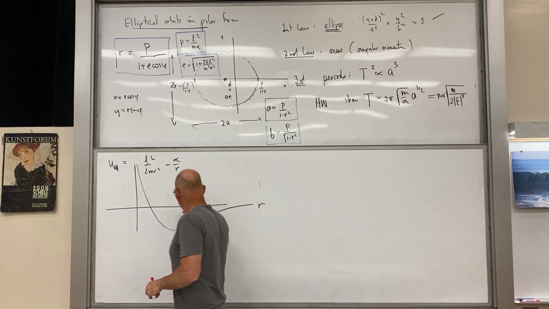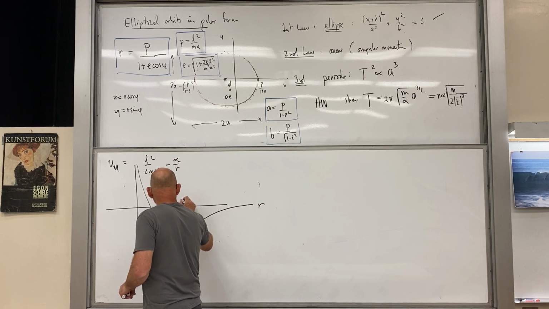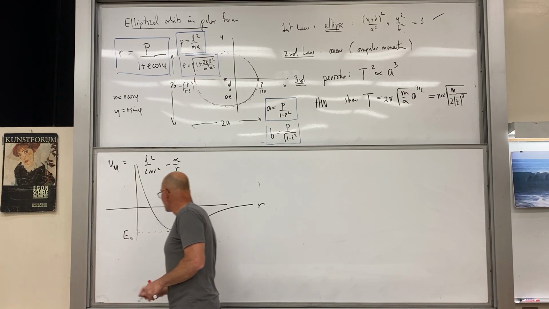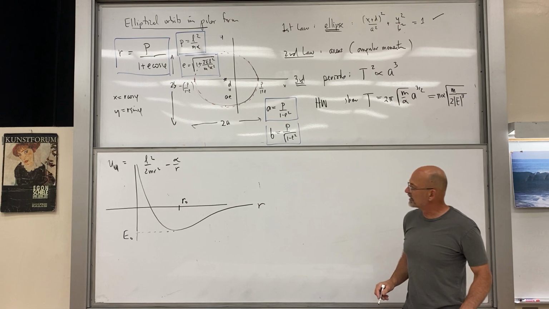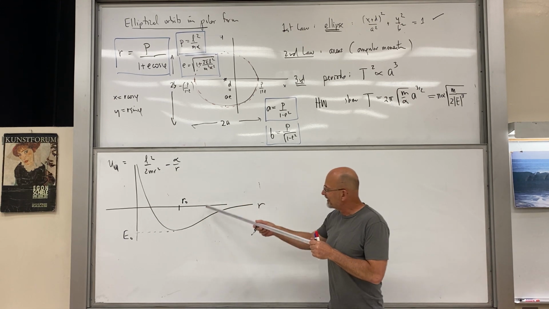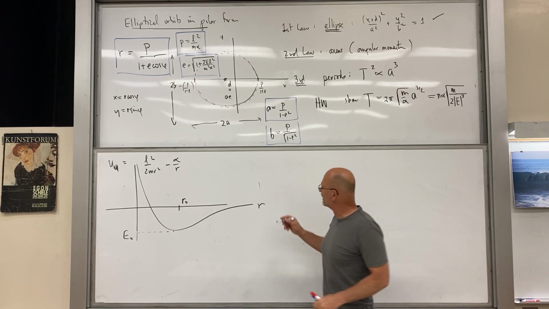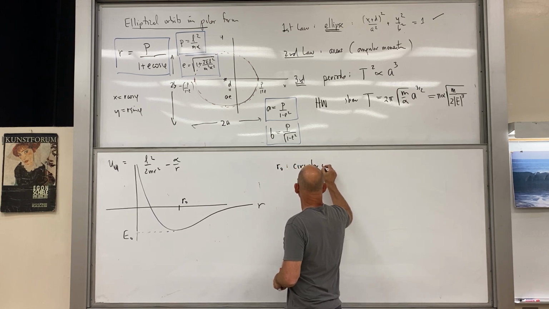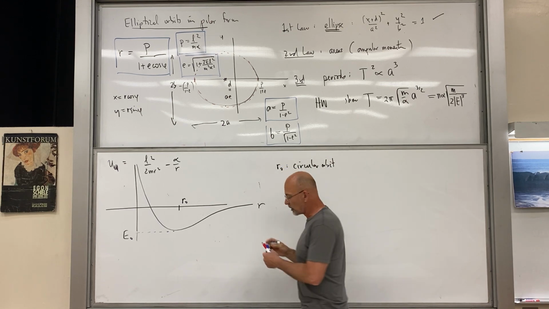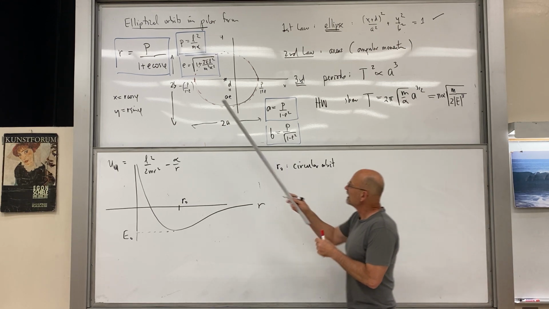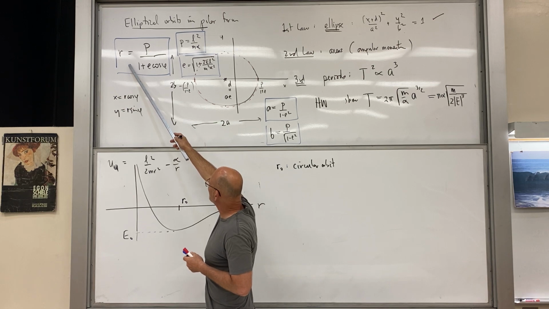So first of all, I'm going to call this r sub 0, and we know that there was an E sub 0, the minimum value of the energy for a given angular momentum, and that was, of course, the circular orbit. So where do we see the circular orbit in this expression here?